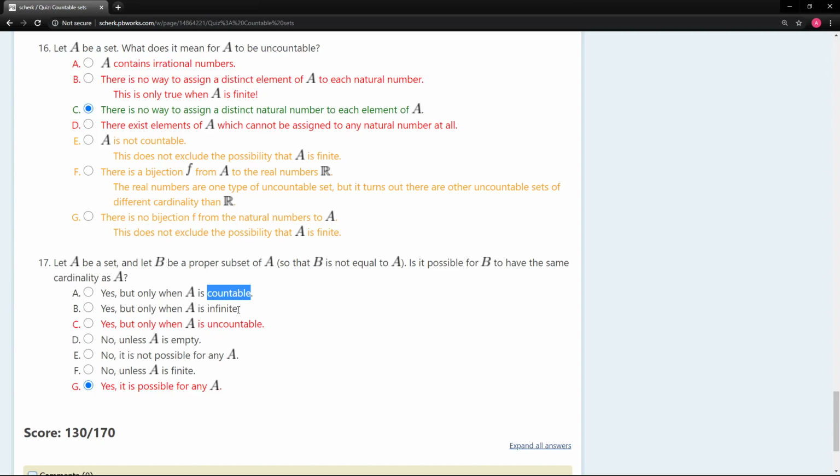So if I have the set R, I think the set R and the set 0 to 1, the range, I think they both have the same size. So yeah, it should work for uncountable. So yeah, it works for infinite, which means both countable and uncountable.